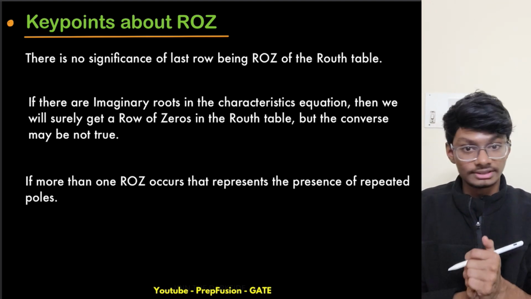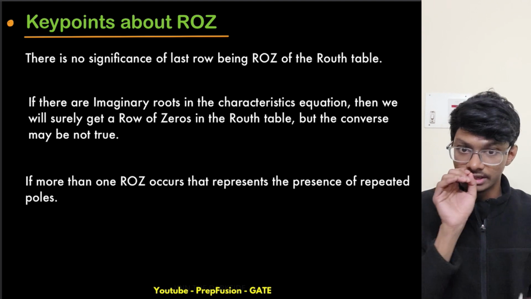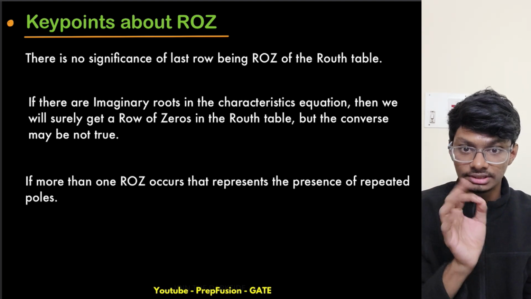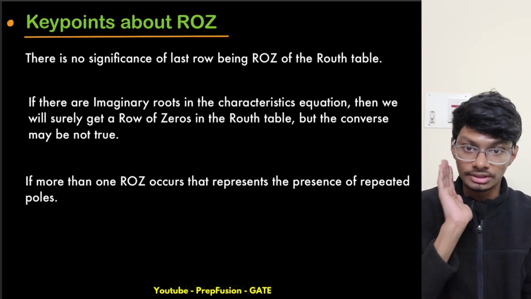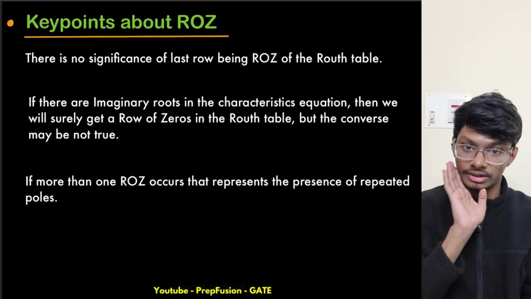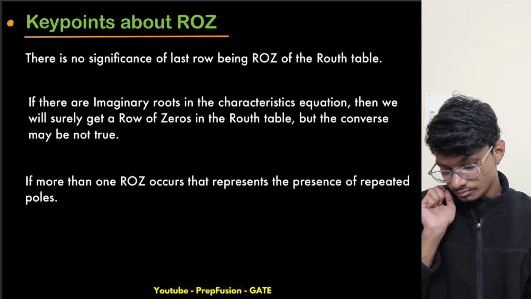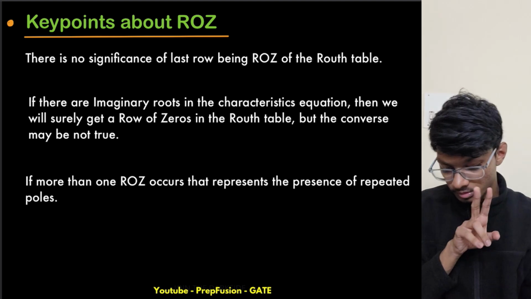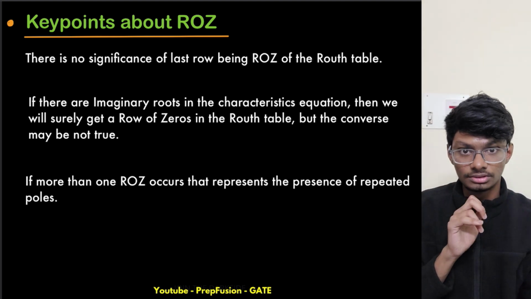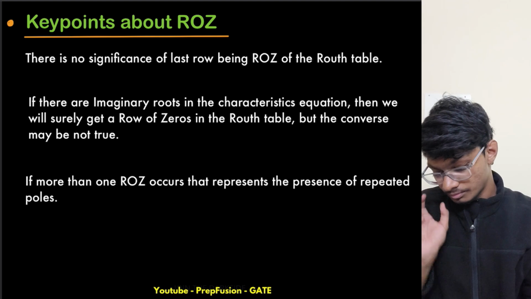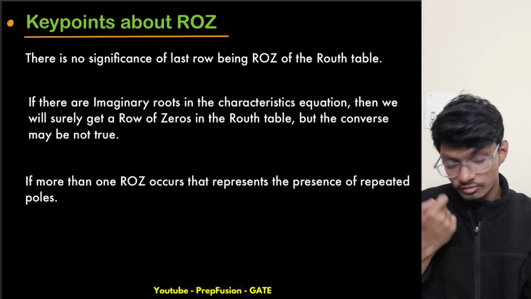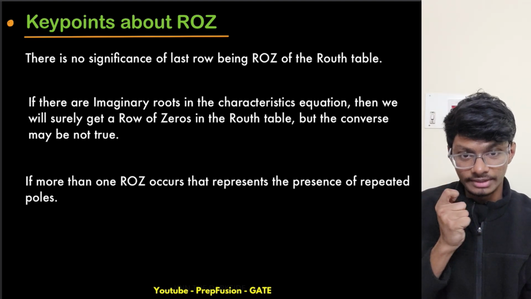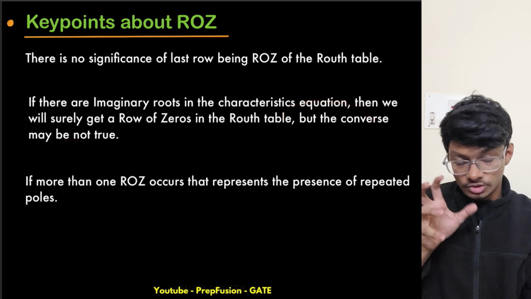So this is the converse thing. If you have purely imaginary roots, then you are 100% sure that you will get a row of 0.